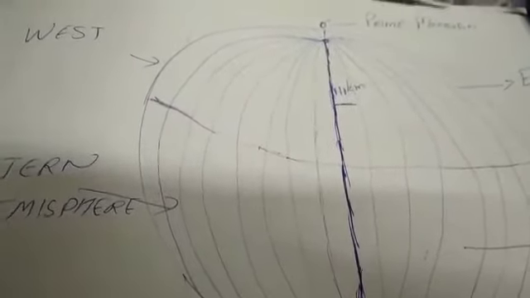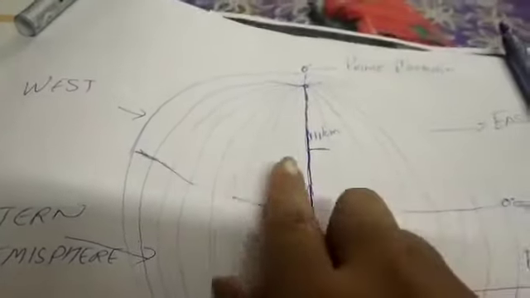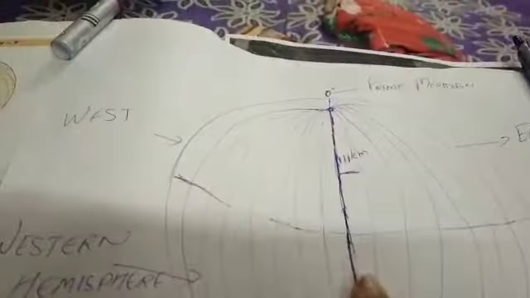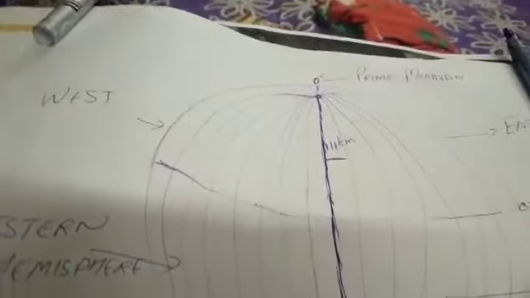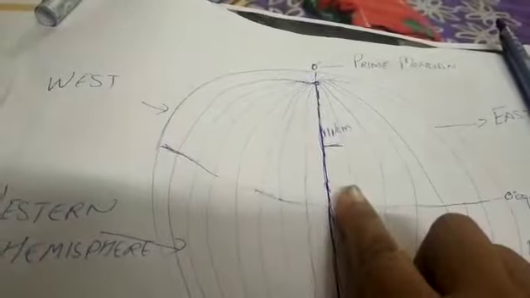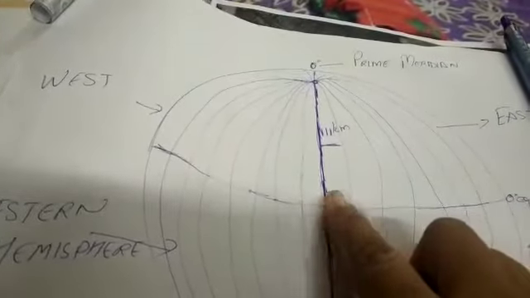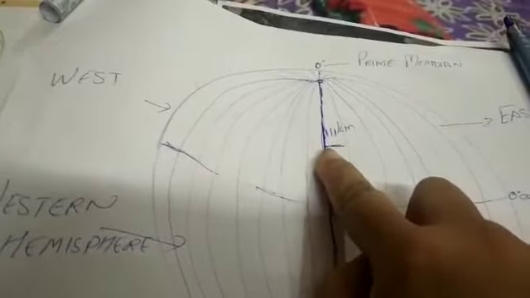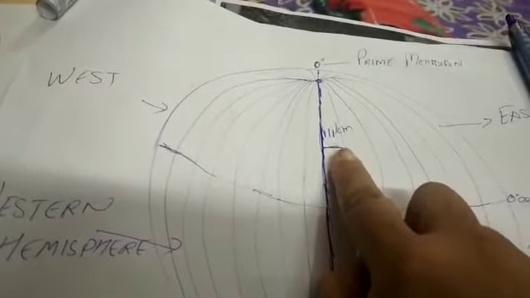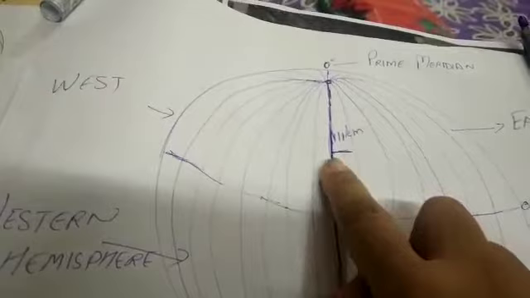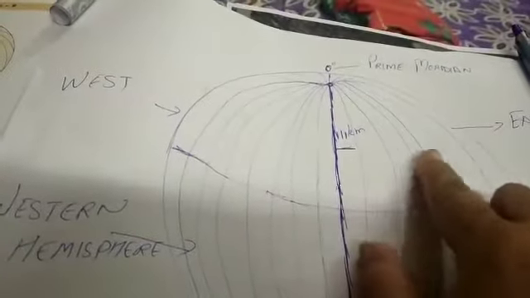Children, as you see in this diagram, from the main line, the prime meridian, I have divided the lines, and you see the gap. Here I have written that the gap between two lines is 1 degree. This 1 degree is equally distributed.